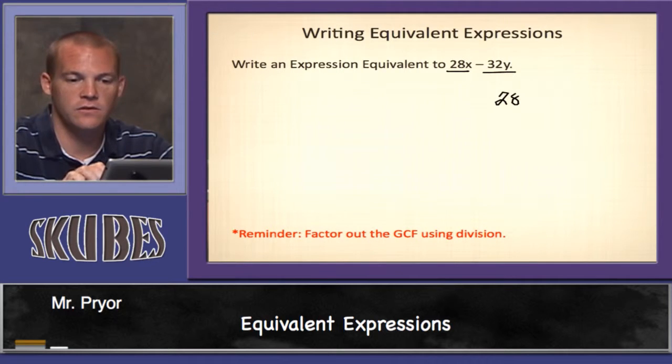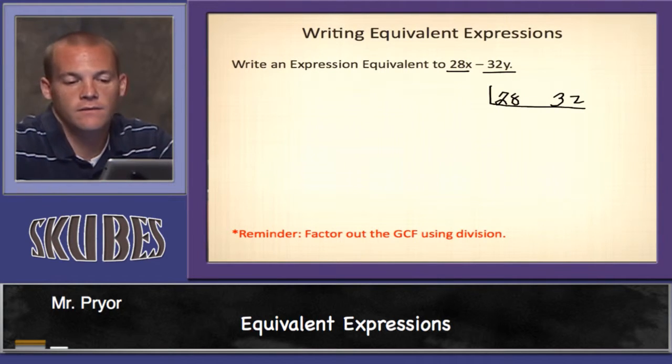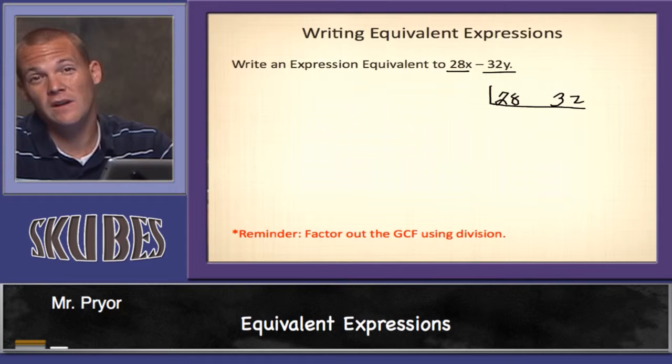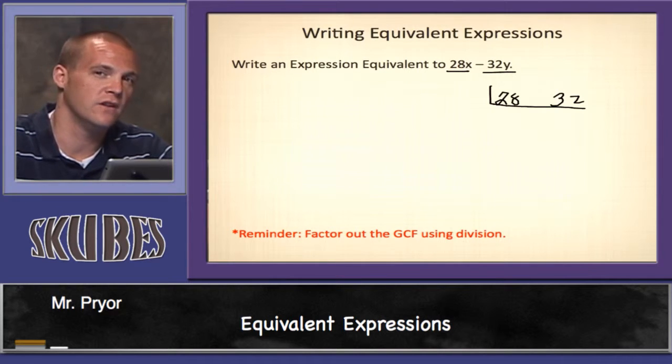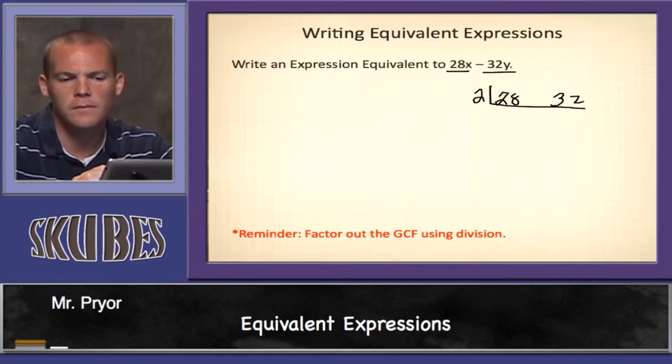Using the ladder method, you can figure out the greatest common factor by simply dividing these numbers by 2 if they're even, or if they end in 5s, you can divide them by 5. Our easiest option here is 2 though, because they both are even numbers, so we know that they're divisible by 2. So we divide 2 into 28, we get 14. 2 into 32, we get 16.